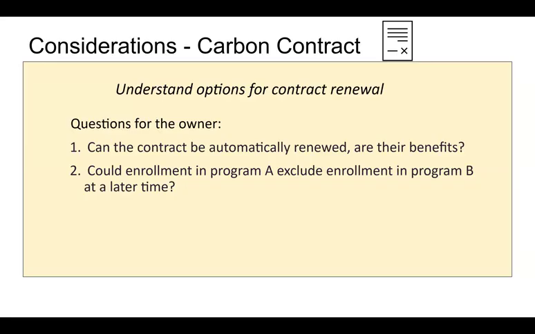If you try to enroll back to back in different programs, the second one might make you wait a certain period before you are eligible. So it's not really something you can shop around for over time. You need to carefully choose the program and project developer you want to work with from the start and commit to that path.